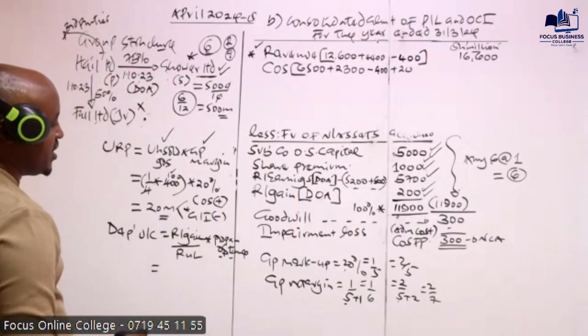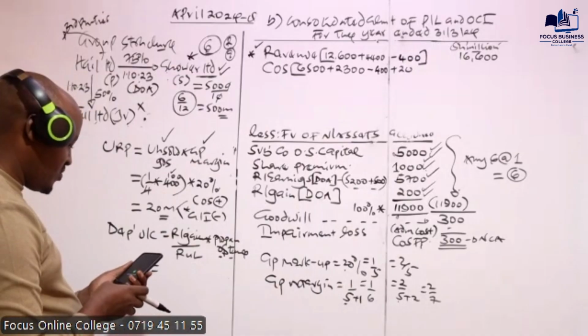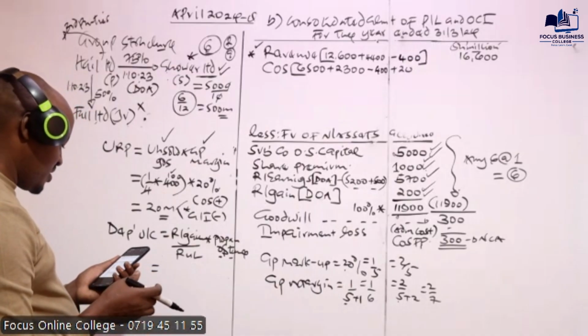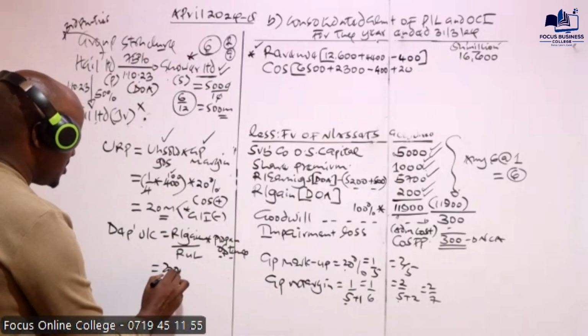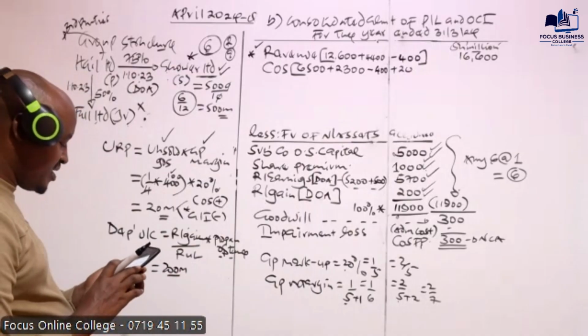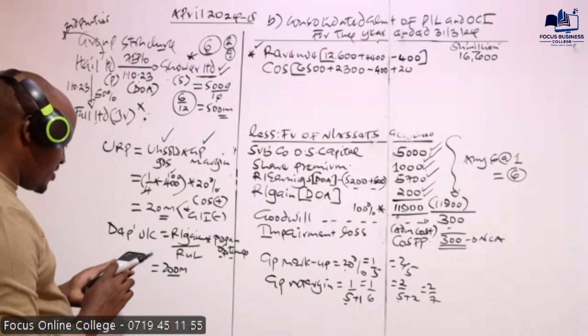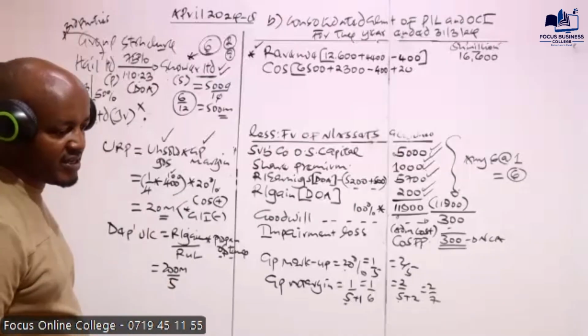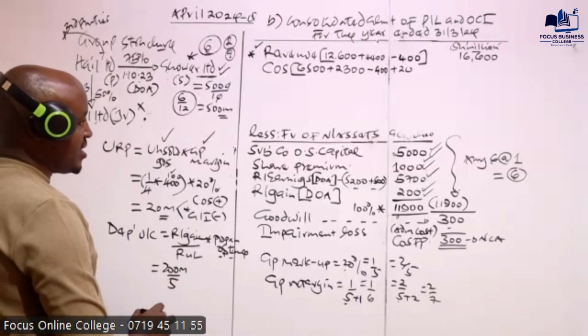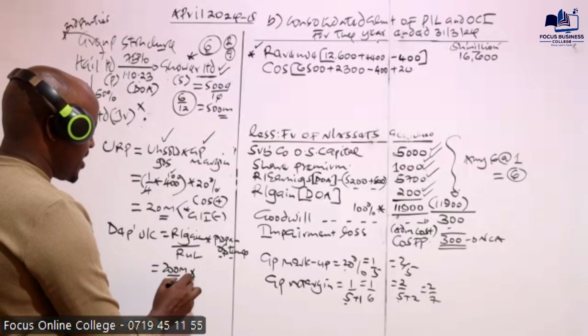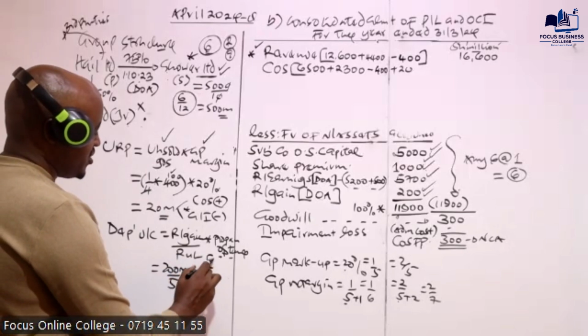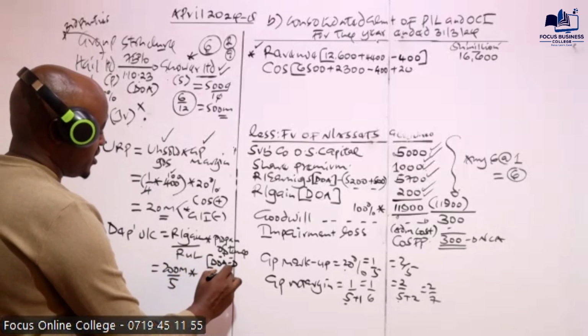So we take the revaluation gain as per note number 1, which we know is 200 million. We divide that by the remaining useful life, which is still in note number 1, basically 5 years, and that will give us the depreciation other charge per annum. But we are interested in the depreciation other charge from the date of acquisition to the date of consolidation.